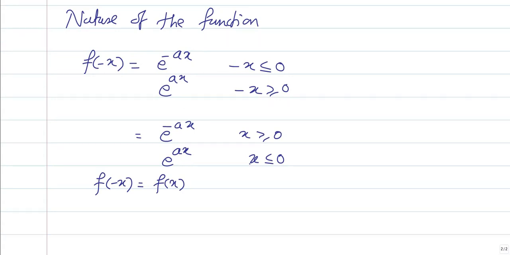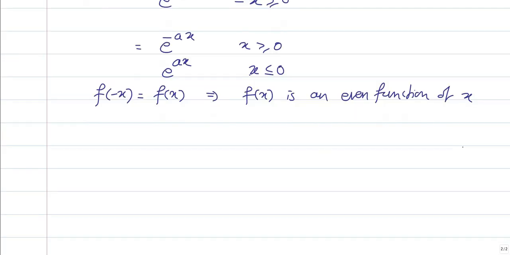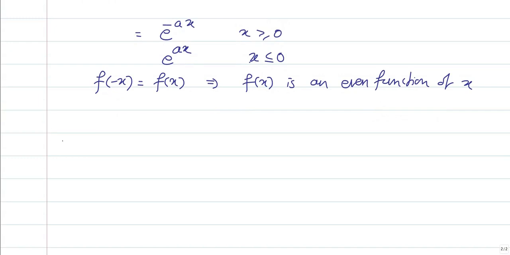This implies f of x is an even function of x. Now next, because it is an even function, we will find its Fourier cosine integral representation.